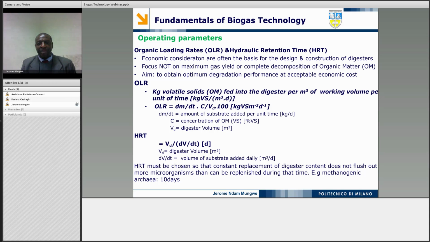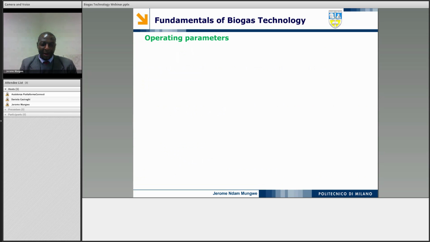Hydraulic retention time must be chosen so that constant replacement of the digester content does not flush out the microorganisms that already exist in the digester. For example, we have the methanogenic archaea that has a lifespan of 10 days. So if you design your digester such that the hydraulic retention time is less than 5 days, you may end up flushing out these very useful microorganisms.